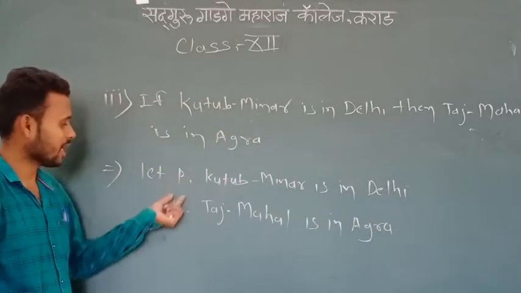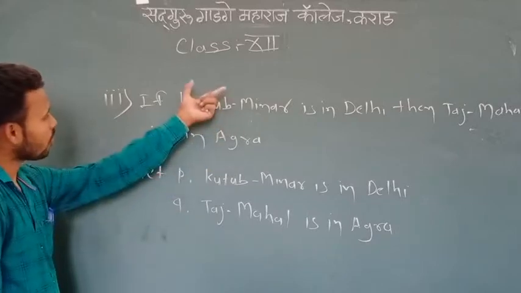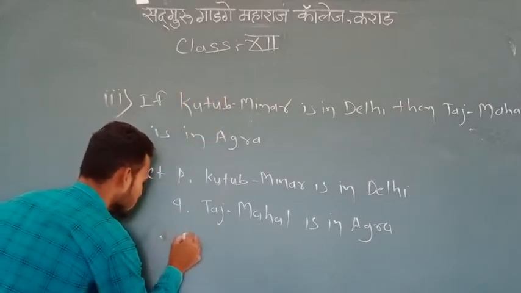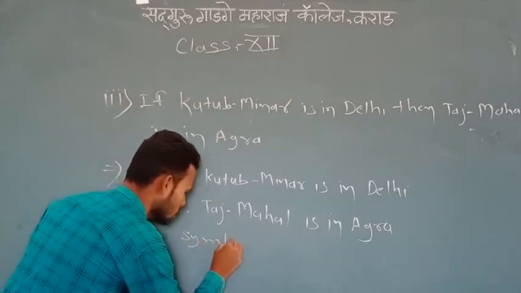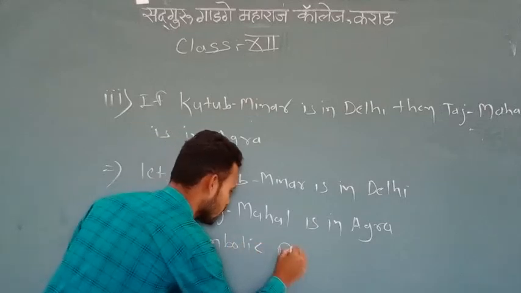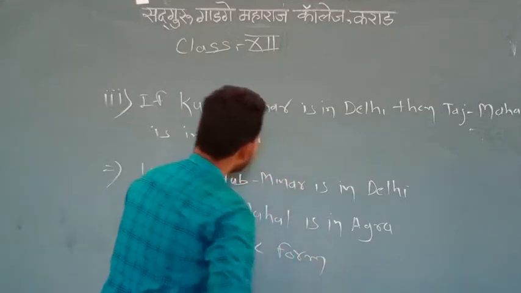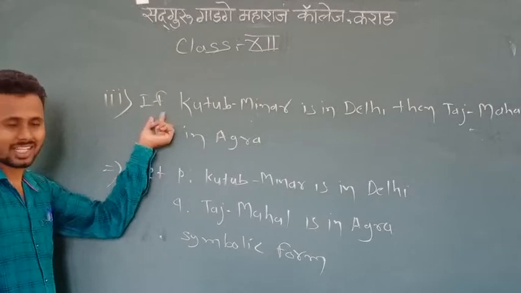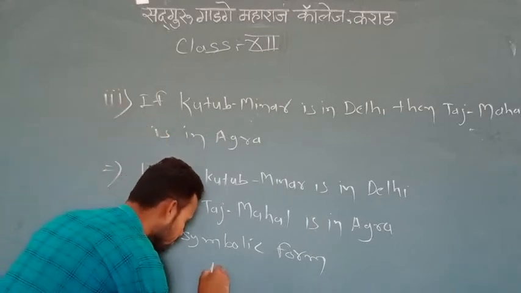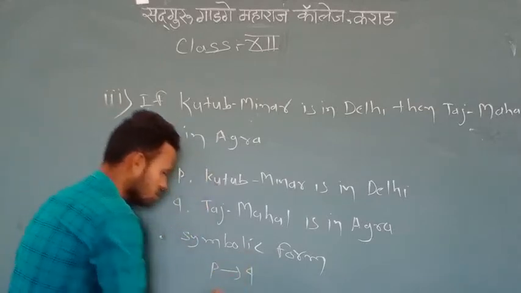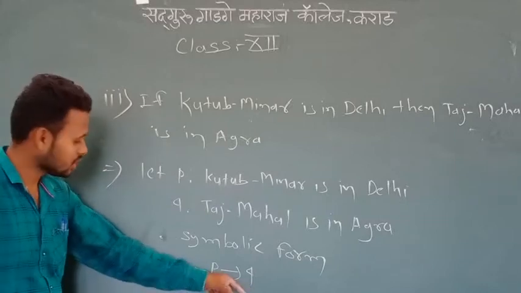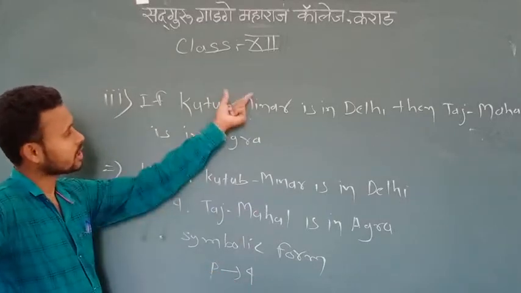We get two statements P and Q. Therefore the symbolic form of the given statement, for 'if then', is P implies Q, which is the required symbolic form of the given statement.